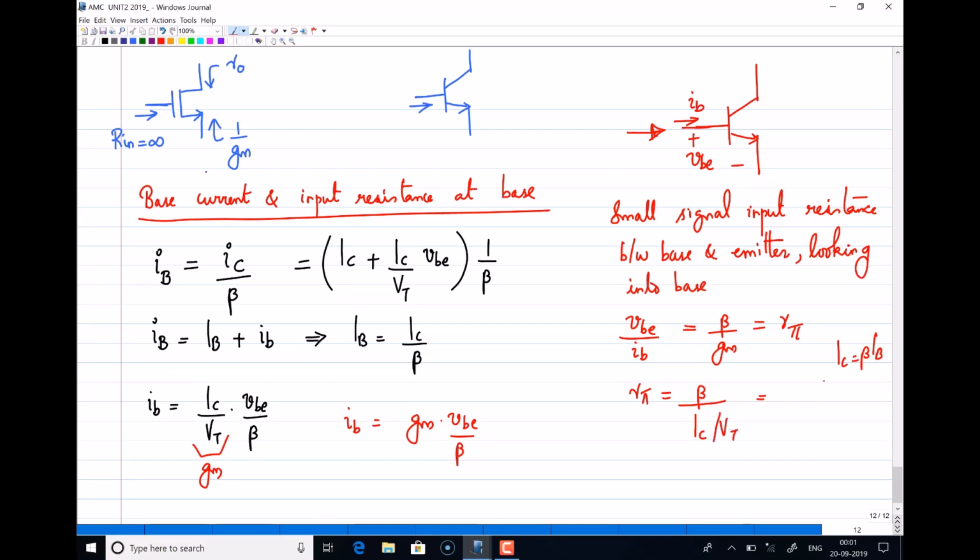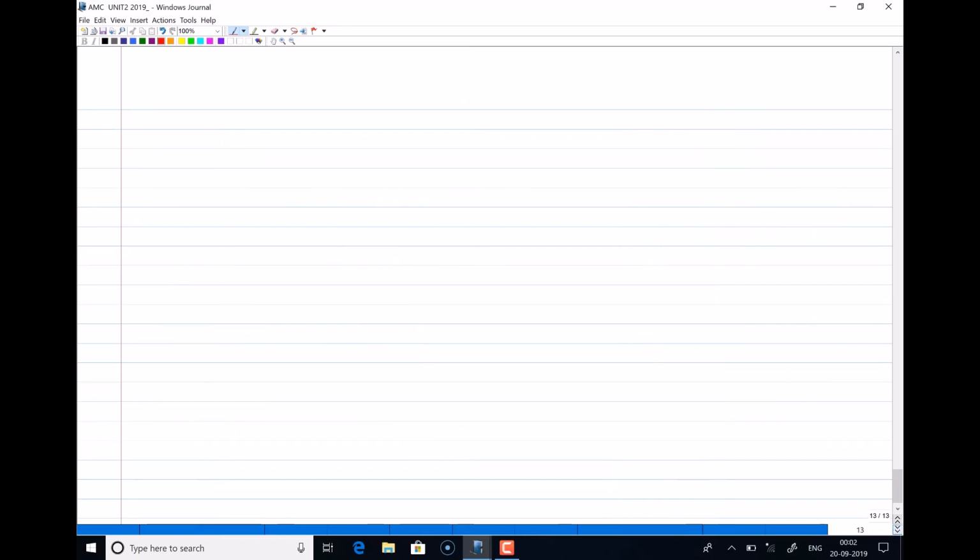For beta I will write IC by IB, so IC by IB divided by IC by VT. That means R pi is equal to VT by IB. So there is another small signal parameter, the small signal input resistance looking into the base, R pi, which is equal to VT by IB.